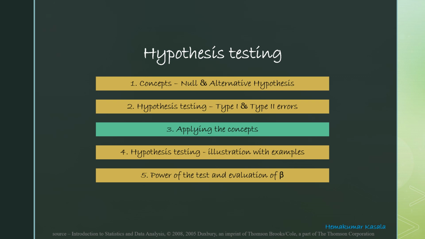Then how to apply the level of significance alpha and how to calculate the p-value from the sample statistic, and finally make the decision between H0 and HA for two different population characteristics, namely population proportion of success and population mean. In the next lecture, we will take specific examples and apply the concepts we learned in this lecture to arrive at the decision between H0 and HA.